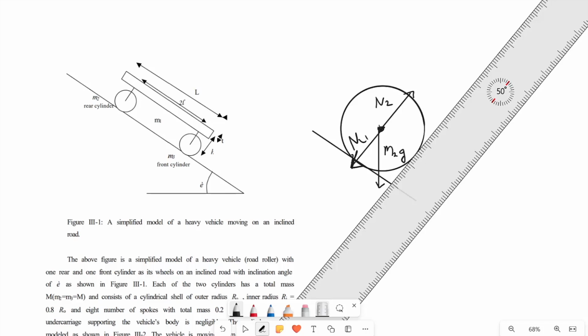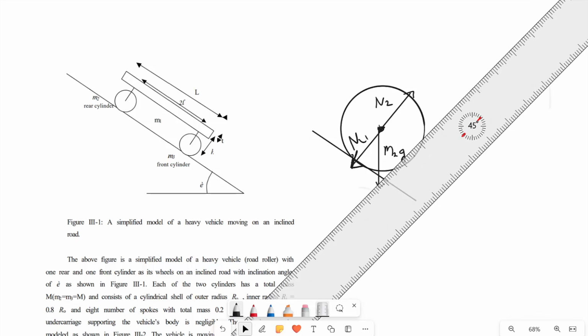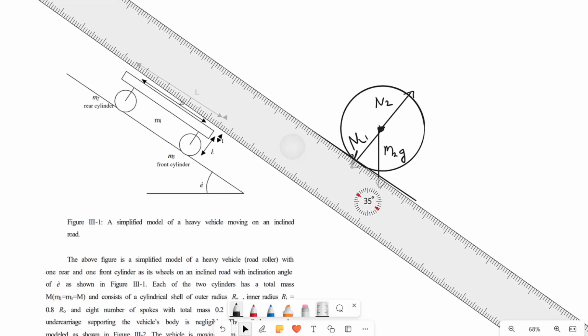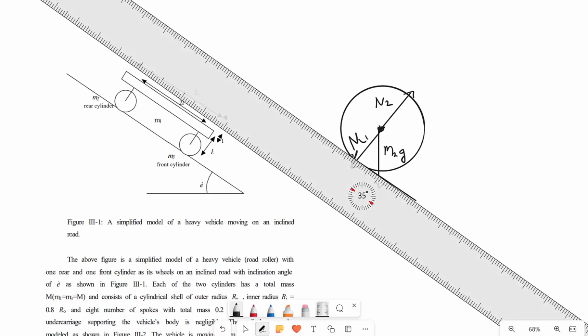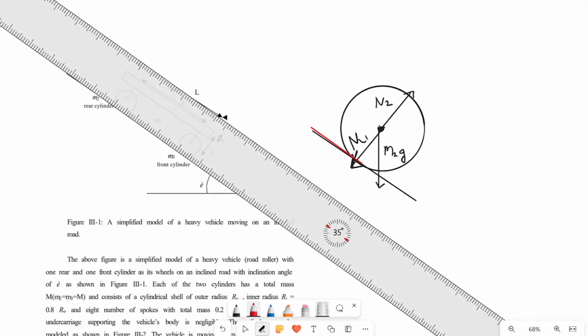We're also going to have a frictional force, and that frictional force will be acting opposite to the direction of motion right over here at the contact patch. I'm just going to draw this one with a different color because otherwise it can get a little bit too clunky. Okay, so this here is just the frictional force acting on wheel 2. We can just call that F2.